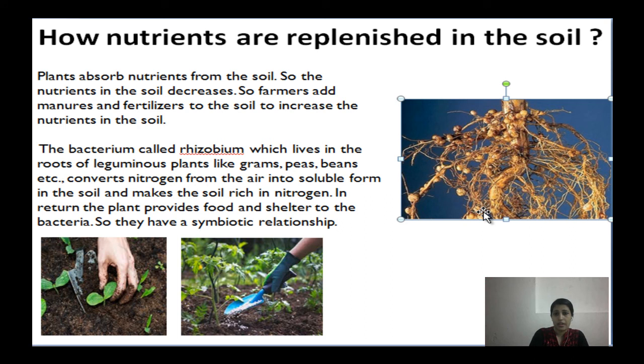The nitrogen is converted and taken by the bacteria called rhizobium and put back into the soil, which helps the plant to grow better. So this relationship is called the symbiotic relationship. Both the plant and the bacteria take the benefit from each other.